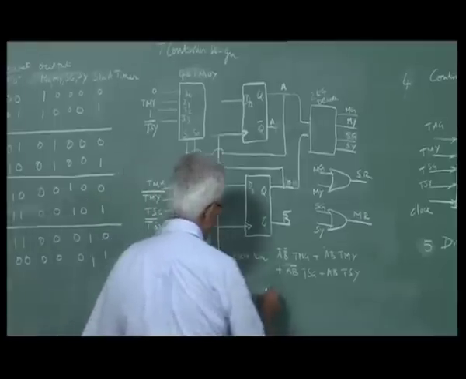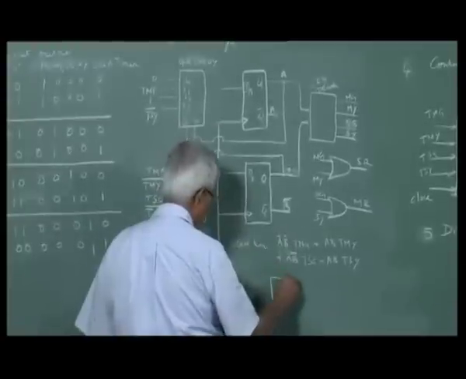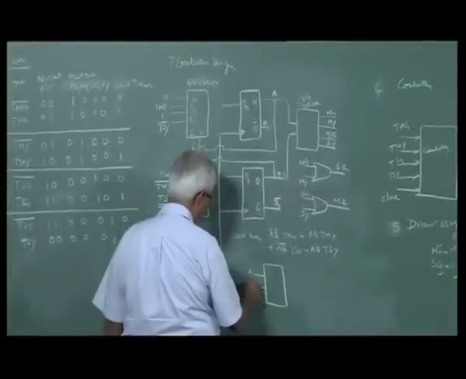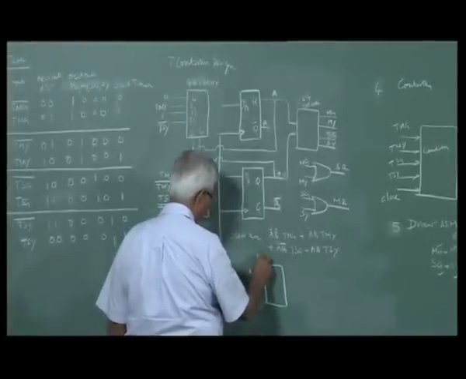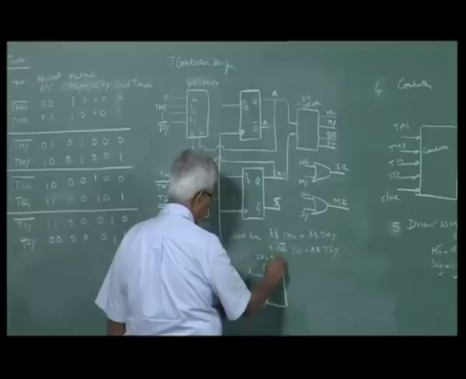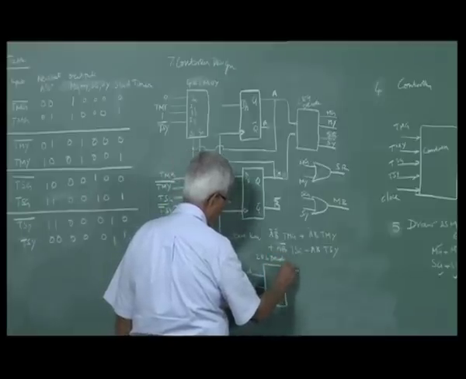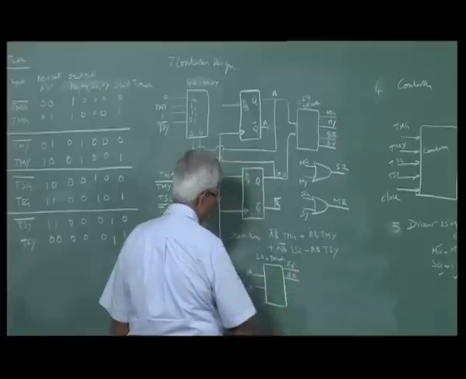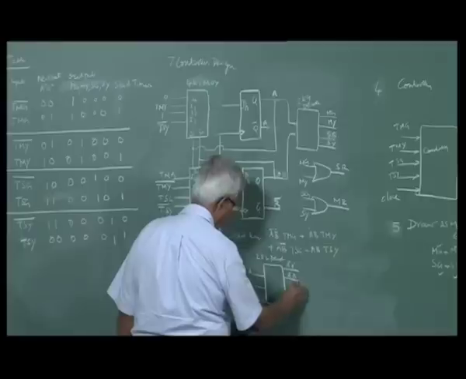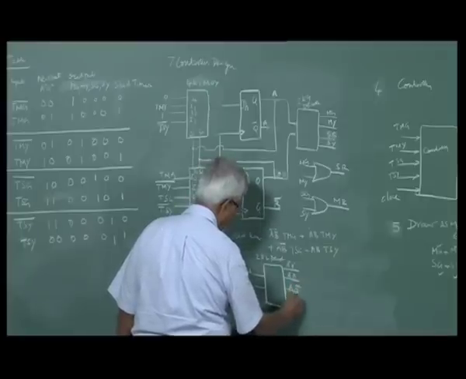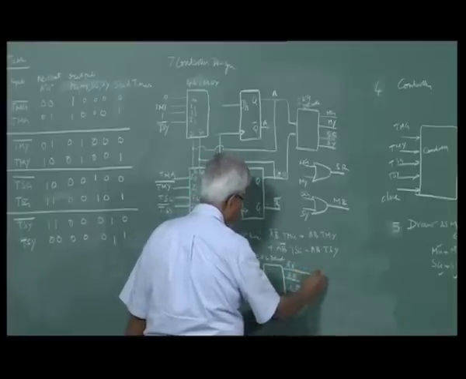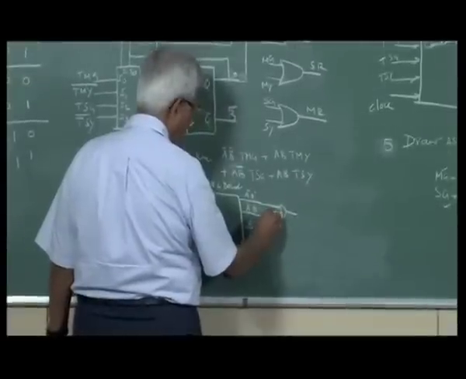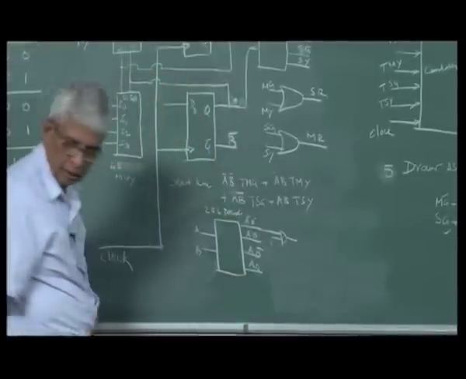So if you have A and B as the input to the decoder, 2 to 4 decoder, this is A bar, B bar, this is A bar, B, this is A B bar, A B. So this with TMG, I'll draw it there more neatly. Too crowded here.